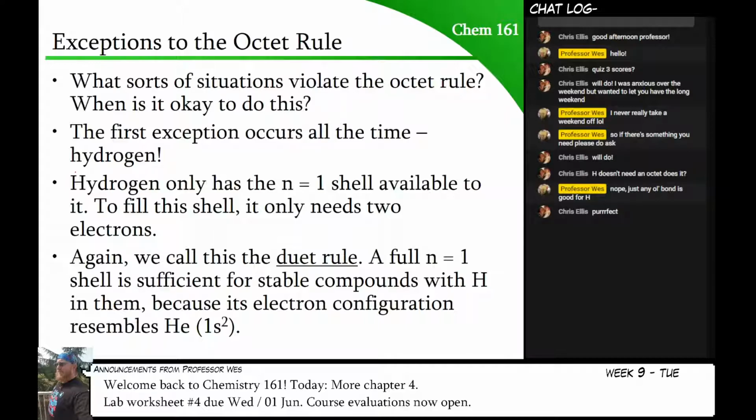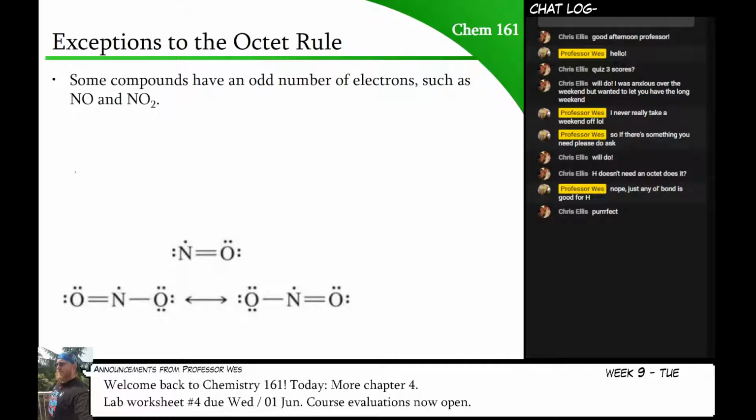Now, other situations will occur if you have an electron deficiency. And what that means is that the number of electrons that you have for your structure is odd. So we did NO plus, where we had 10 electrons. But regular old NO has 11 electrons. How do you satisfy the octet rule with an odd number of electrons? And the answer is always, you can't. It's impossible.